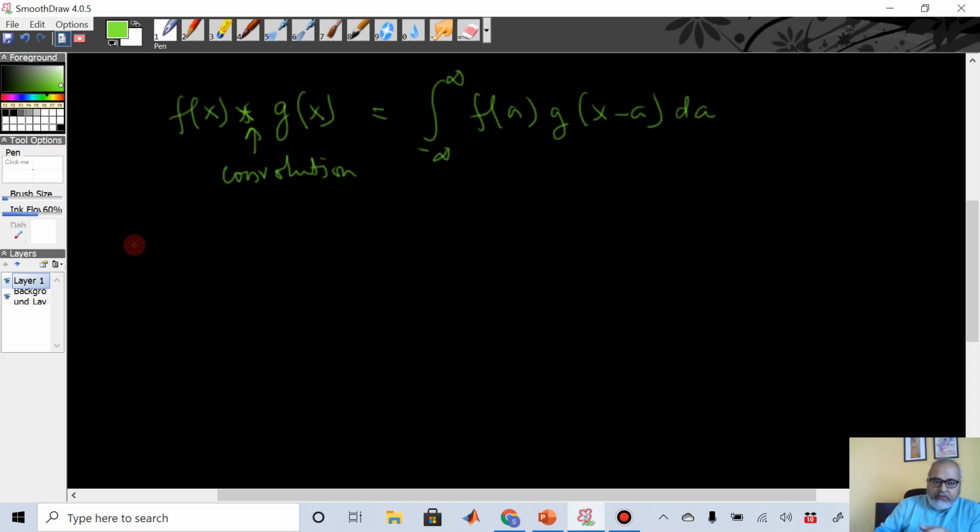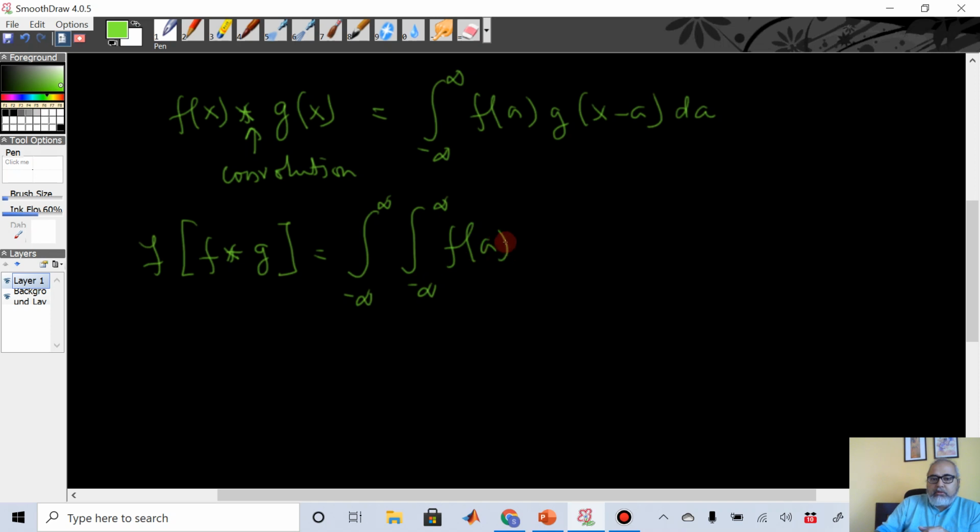Now a Fourier transform of a convolution would be a double integral. It would be this times e to the power minus i zeta x dx.